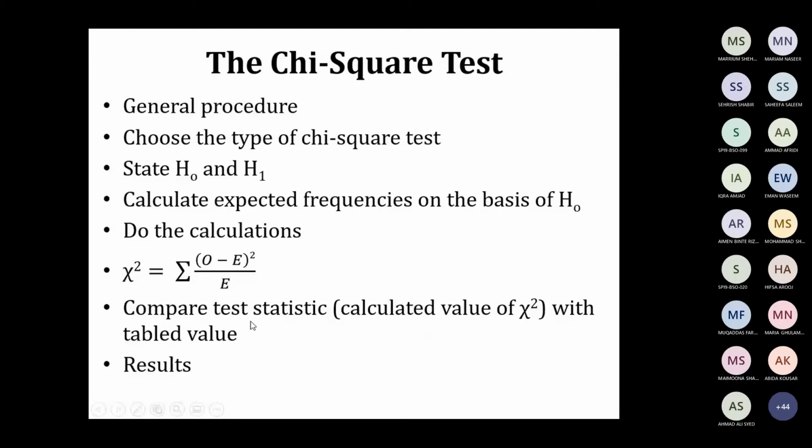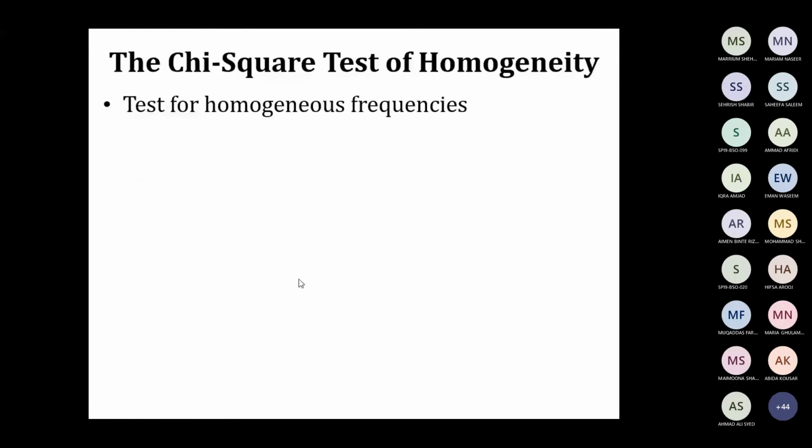So starting with the chi-square test of homogeneity, right? As you can see from the name, this is the test for homogeneous frequencies. Homogeneous frequencies are those in which all of the classes have equal, or similar, frequencies. So our assumption is that the frequency distribution is uniform in all classes or categories.